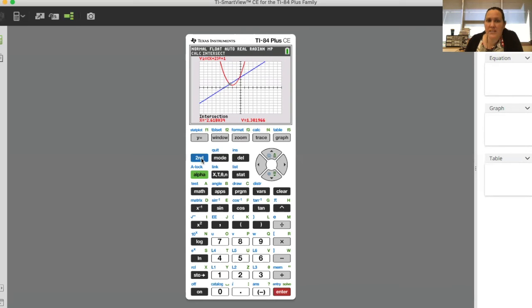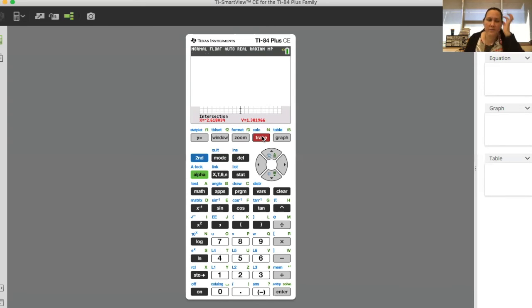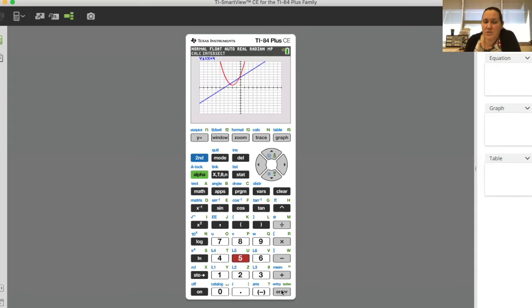I'm going to second calculate. I want the intersection, so number 5. First curve, I just have to push enter. Second curve, I just have to push enter. And to do the guess, I have to get closer to the other intersection because otherwise it'll keep bouncing back to the one I already know.